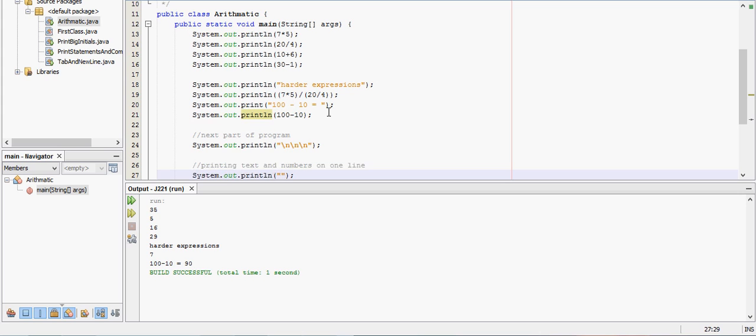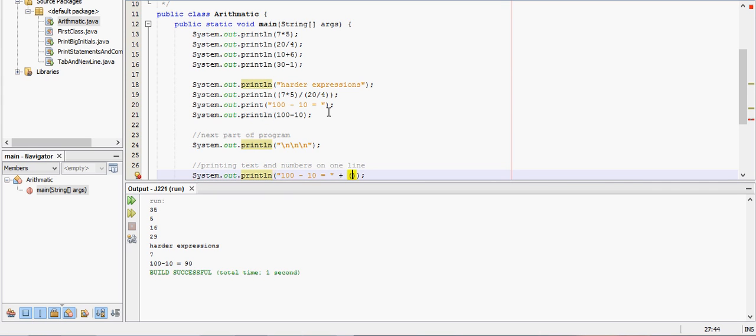Alright. So I want to put 100 minus 10 and the answer all in one line. What I would do is type in 100 minus 10 equals, then we end the quotation marks right there, and put a plus sign. I don't have to leave these spaces here, but it's convention, and I think it makes it look a whole lot neater to read.